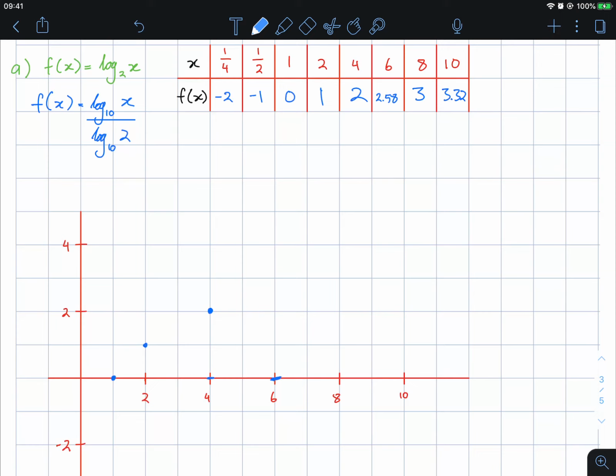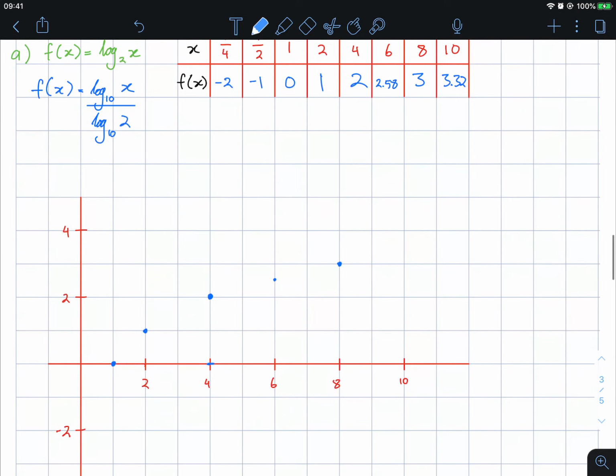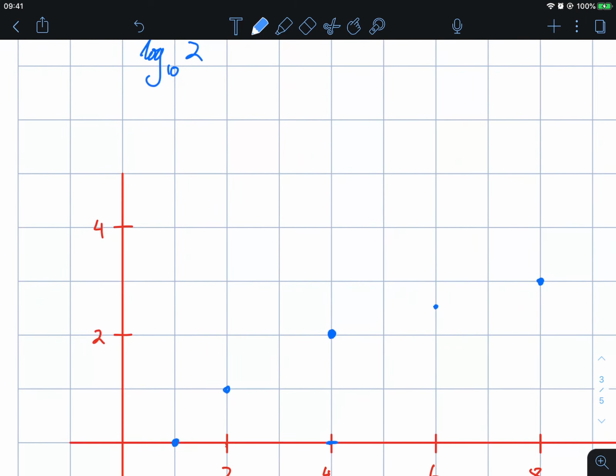So 6 is here. 2.5 is approximate. Let's just say it's about halfway. 8 is going to be at 3. And at 10, it's going to be at 3.3. Let's get a bit more accurate. That's 3, that's 3.5. 3.25 is about halfway. Let's say it's about there.